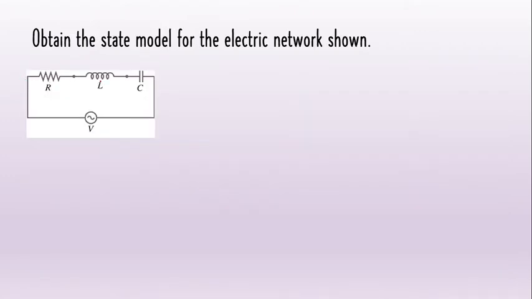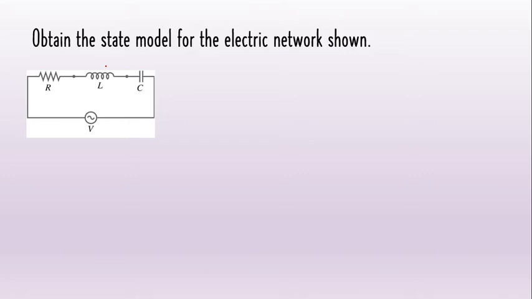This is a simple RLC circuit. Now it is an electrical network having an inductor and capacitor. So what I have told you, that we will take the energy storing elements, inductor and capacitor.